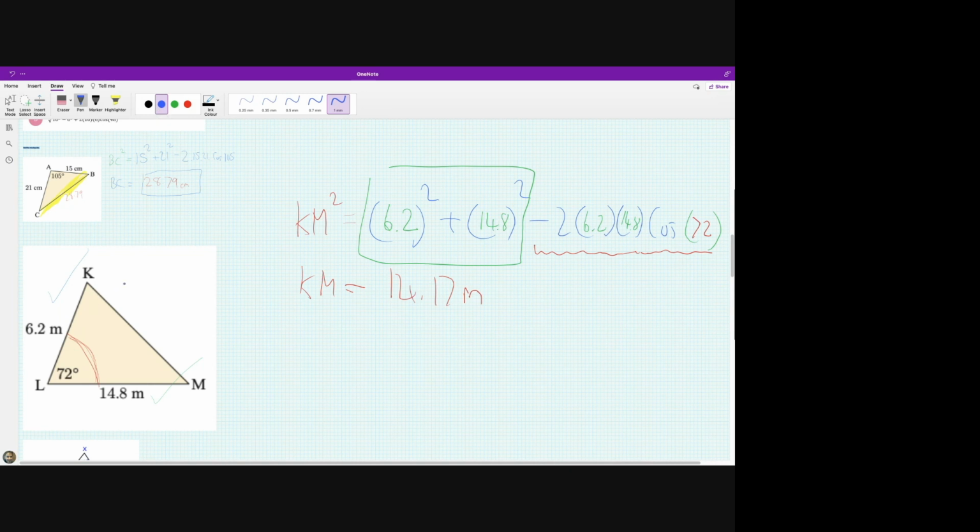So this thing over here is 14.17 meters, and you've worked it out using the cos rule. Some of you might have made the mistake of not including the minus 2 there. But we'll see how it goes.